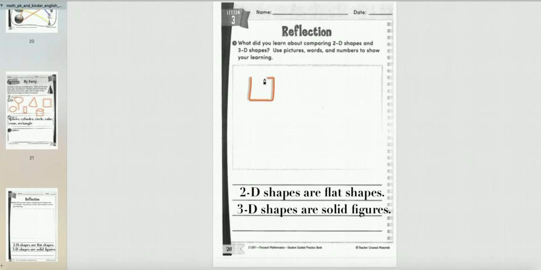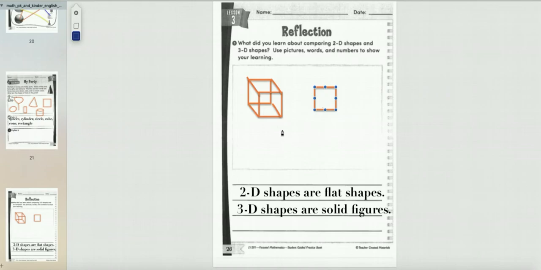So if I were to draw a cube, so if I drew a cube, we could see that one of the sides is a flat surface and it has the same shape as a square.